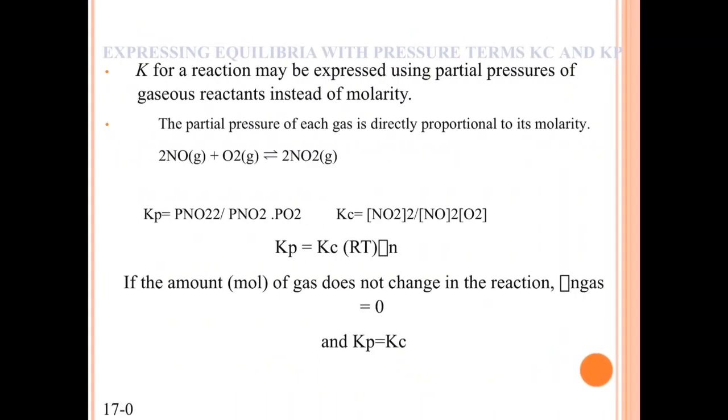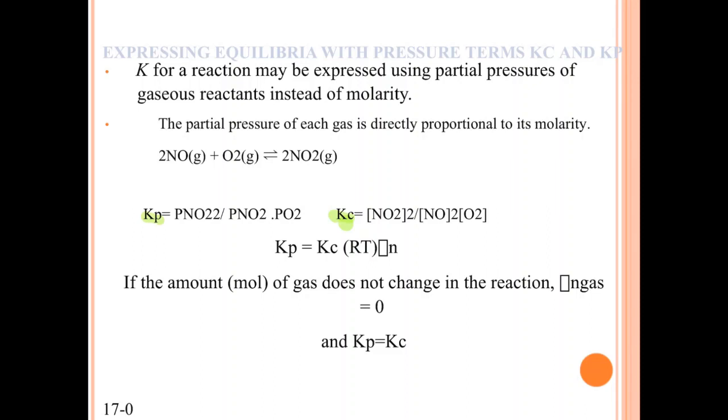Okay, so we have discussed before that the equilibrium constant can be expressed by using either Kp or Kc. Now, if the information given to us is partial pressure, we can convert it to Kc.